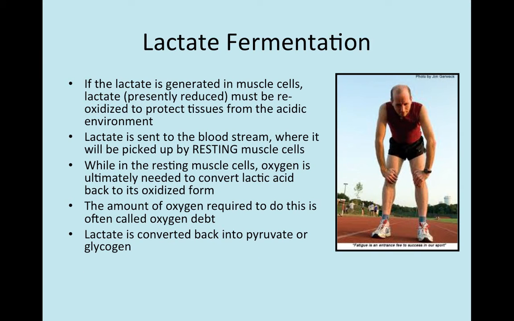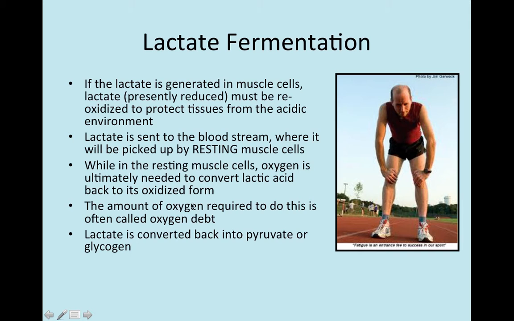Okay? So the lactic acid generated in our muscle cells must be reoxidized back into pyruvate to protect tissues from the acidic environment. So lactate is sent to the bloodstream. You take it out of the muscle cells that are producing it and send it to some resting muscle cells. If you were running a ton, you might send it to your arms in order to reoxidize lactic acid back into pyruvate, and then you've prevented that lactic acid from destroying your muscles.